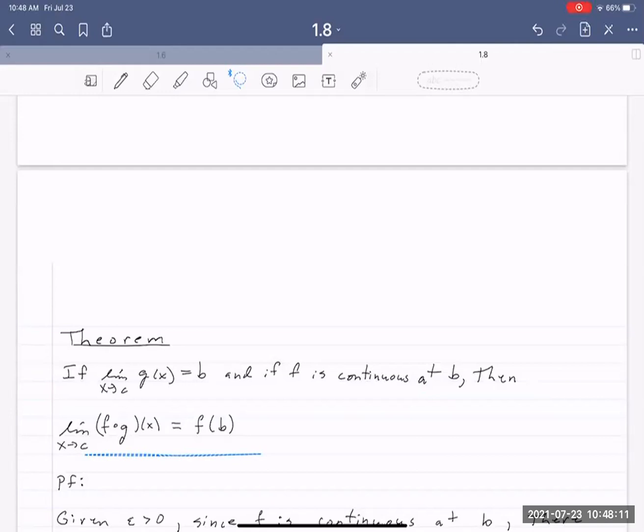So this says that you can bring limits inside of composition, so long as the function on the outside is continuous. If not, then this won't be a true statement.